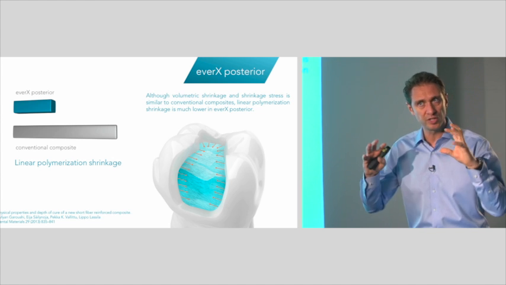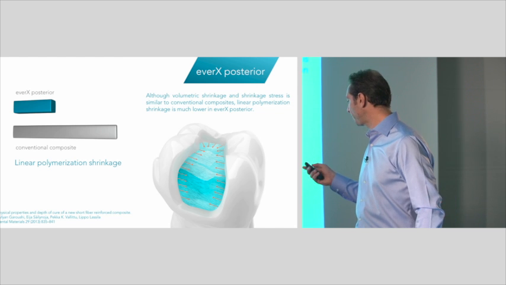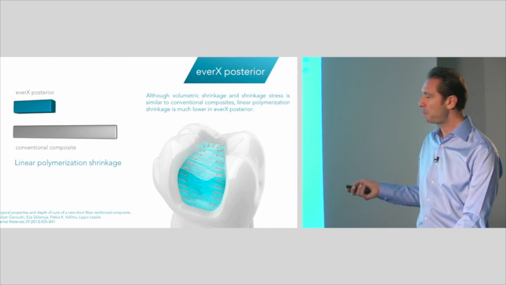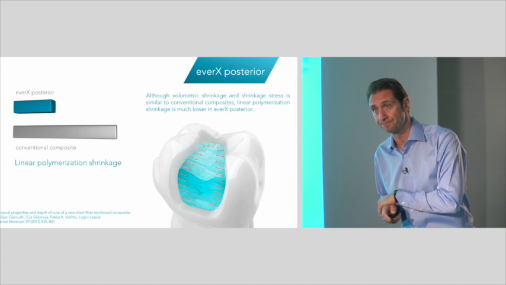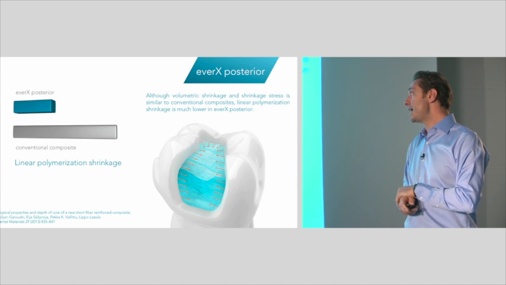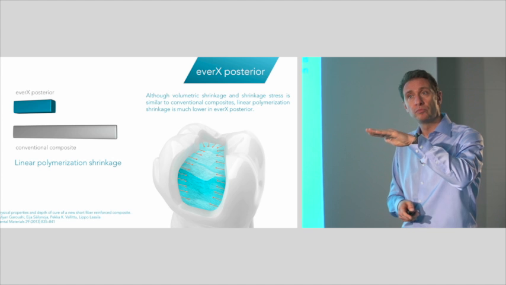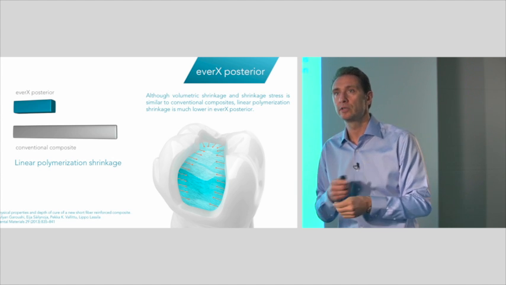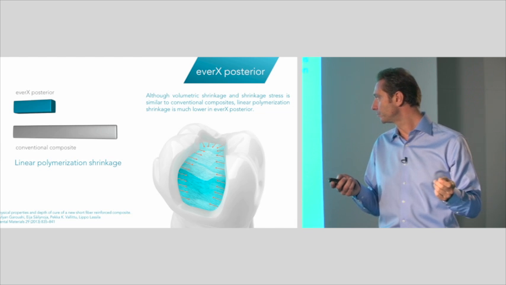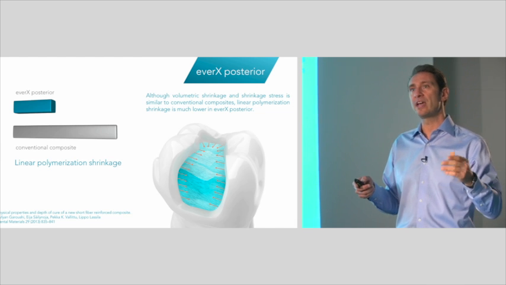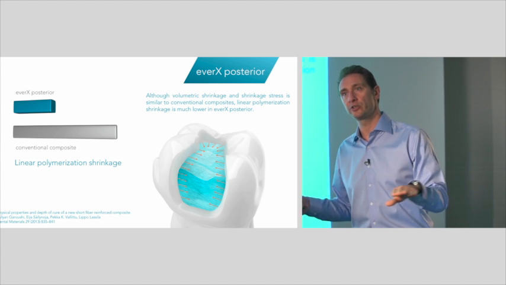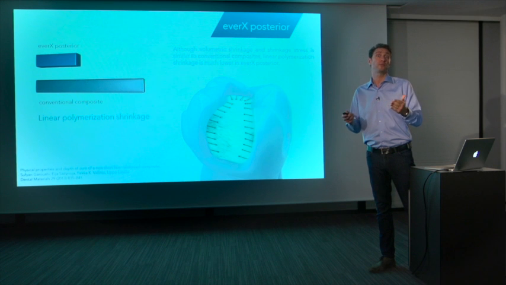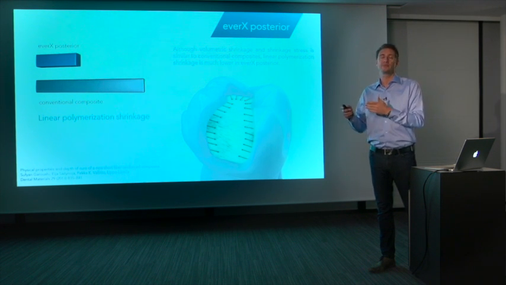Imagine a material that has a lot of fibers inside, and by placing the material in the cavity and pushing it down, you are able to align the fibers more into a longitudinal direction, which will allow you to end up with less linear shrinkage. You will, of course, have to compensate and end up with the same volumetric change.